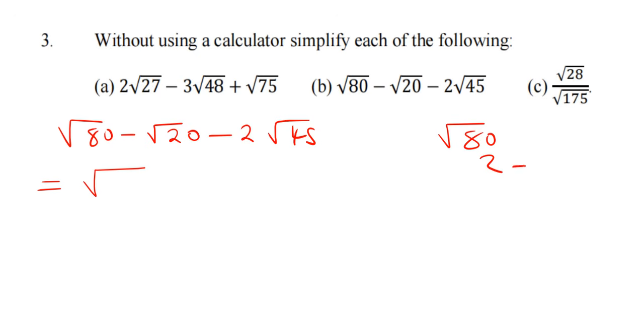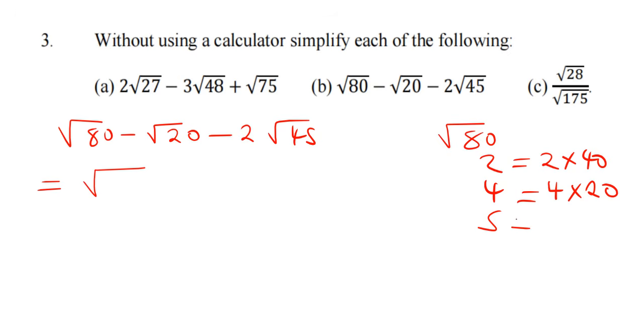If I divide by 2, I'm going to get 2 multiplied by 40. 40 is not a perfect square. Let's go to 3. If I divide 3 into there, 3 into 8, that is like 2 remainder 2. 3 into 20, it will give us 6 remainder 2. So we don't want those remainders, so we're going to go for another one. Let's try 4. 4 into 8, we are going to have 4 multiplied by 4 into 80, that is 20. 20 is not a perfect square, so this one doesn't qualify.